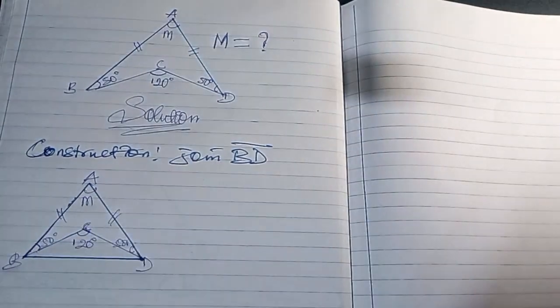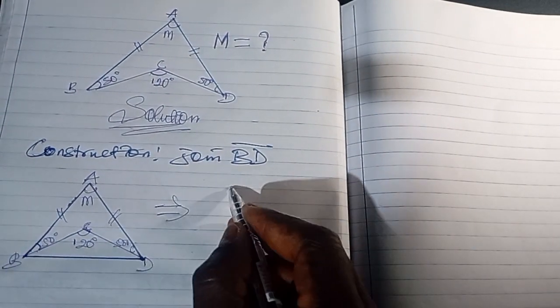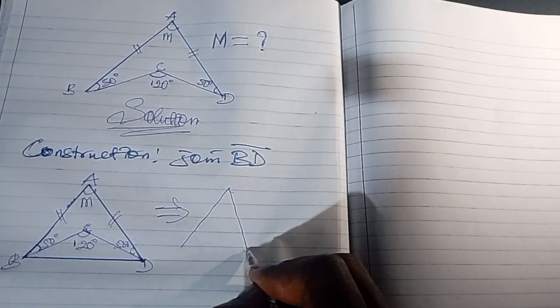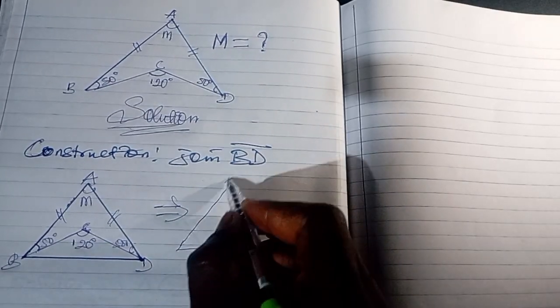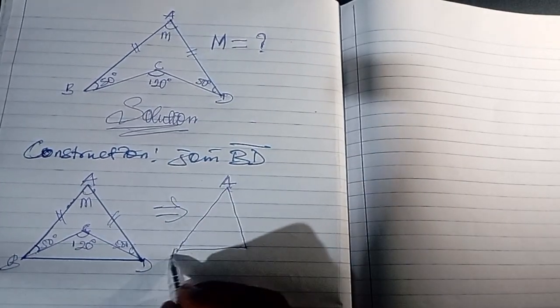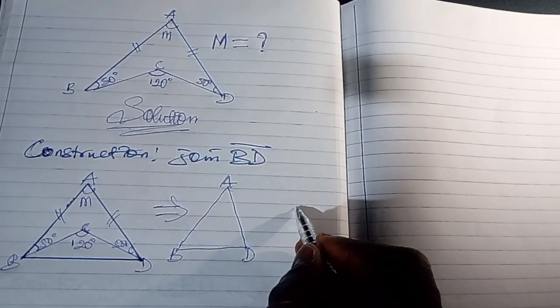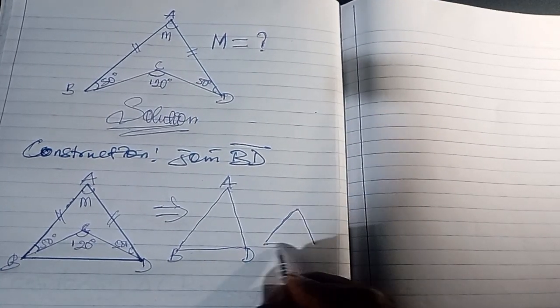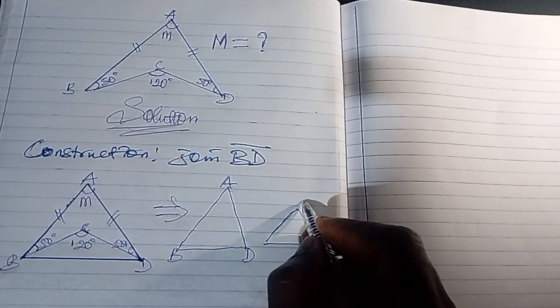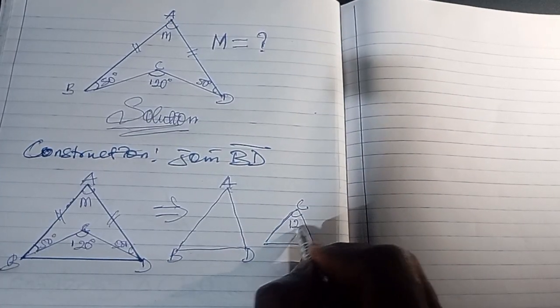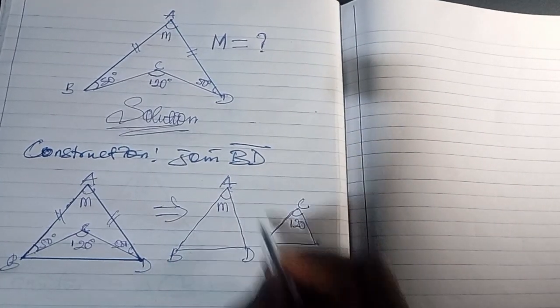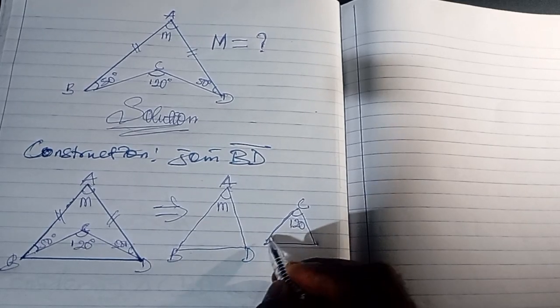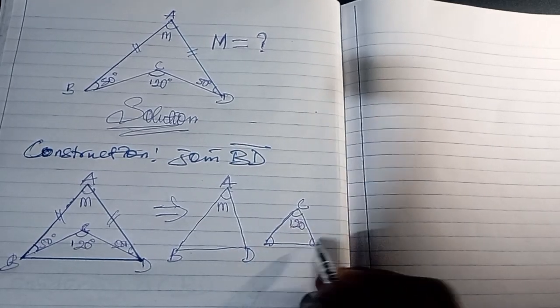This is our M. Now we have two triangles in this way, A, B, D, and we have a smaller triangle in this way. Let's call it C here. And this is 120. Remember, here is M.